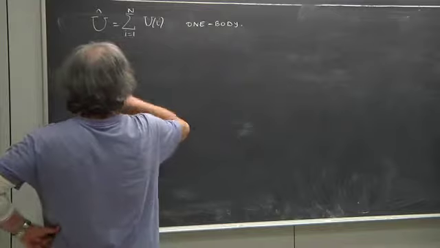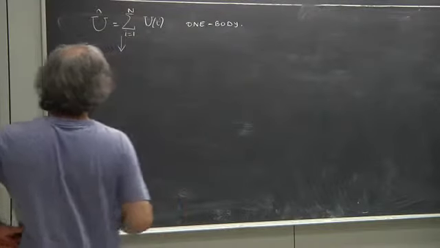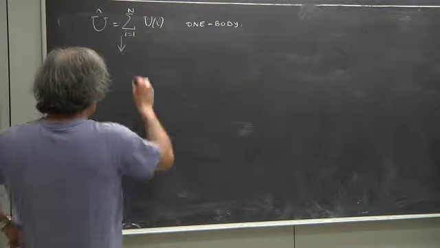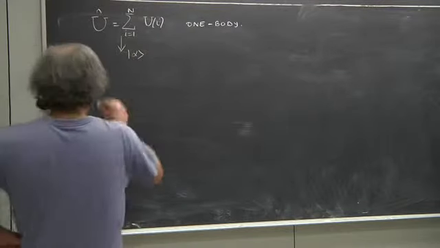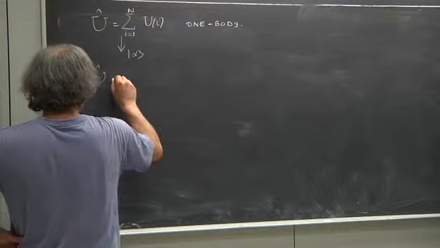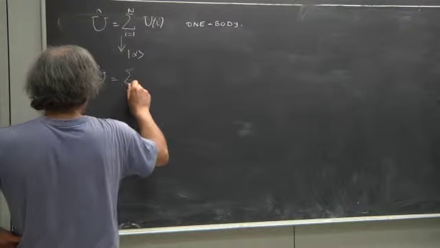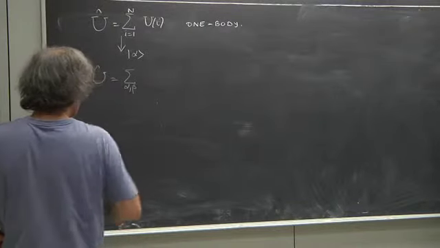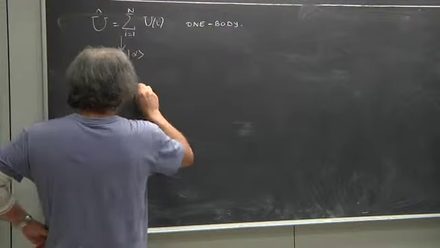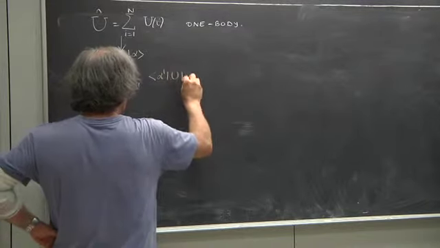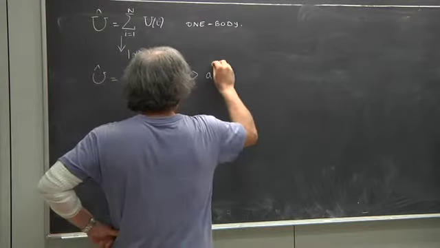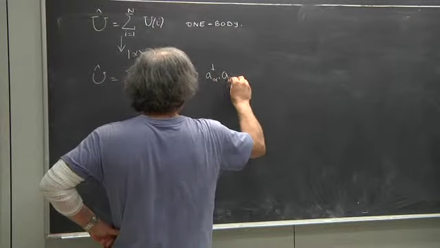And we showed that in second quantization, if you select any arbitrary basis alpha, then the expression for U is the following. Or better, the sum over alpha and alpha prime of U alpha alpha prime, a dagger alpha prime a alpha.